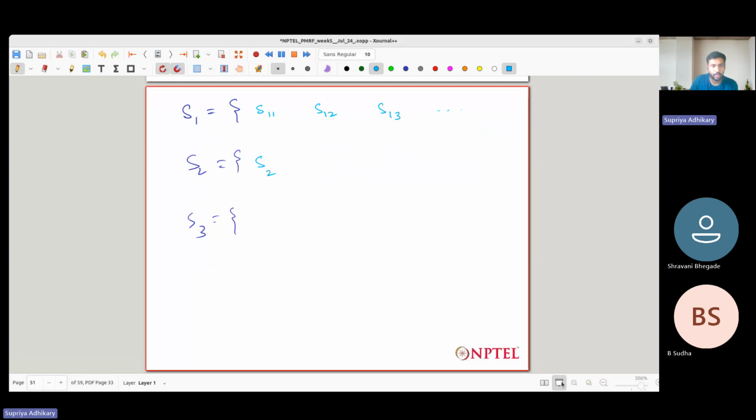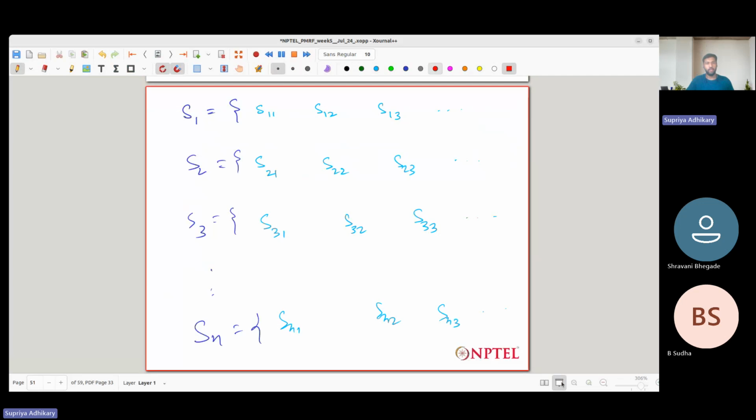Similarly, for this one, we can write S21, S22, S23, and so on. S31, S32, S33, and so on. And over here we have some Sn, which is Sn1, Sn2, Sn3, and so on.